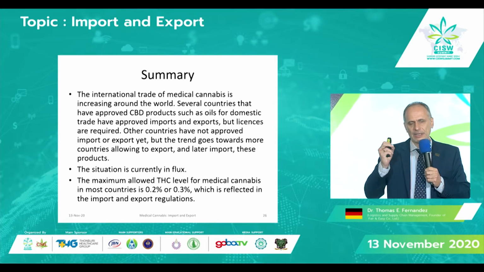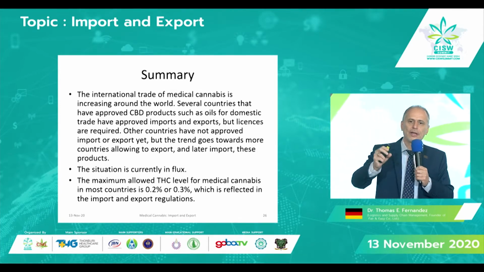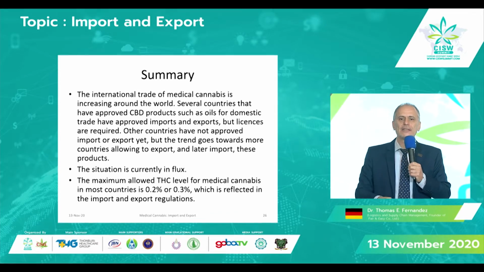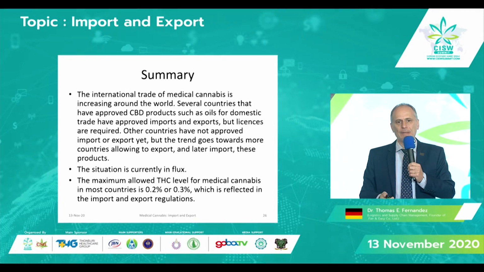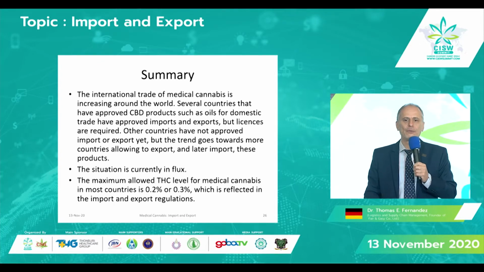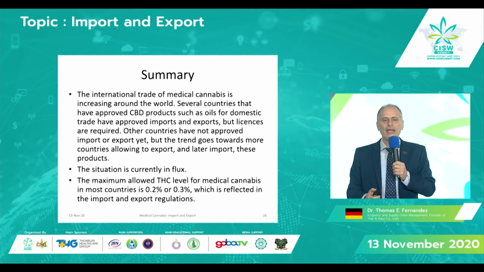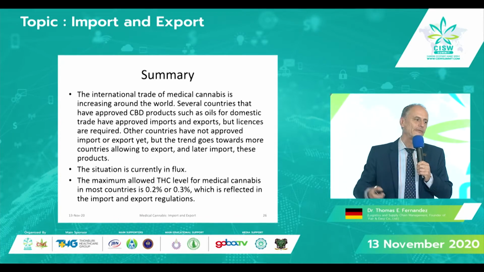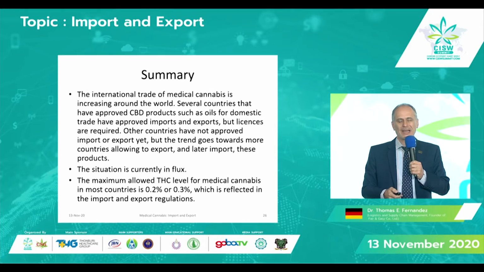Some countries, and here I mean the United States, look at what plant the CBD product is made from. So regardless of having less than 0.3% of THC, they look at what plant it came from. Did it come from a hemp plant, or did it come from another variety of the cannabis plant?